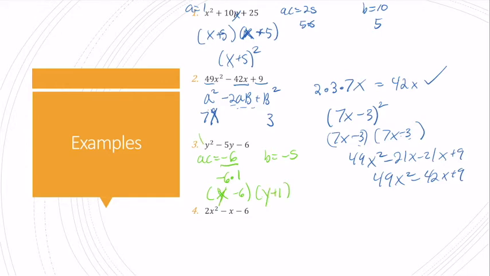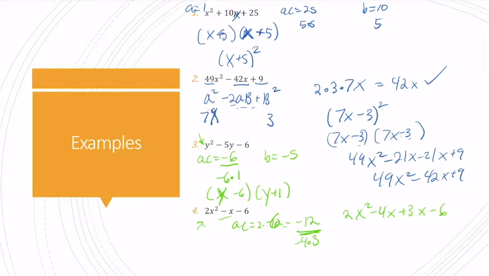Next I have 2x squared minus x minus 6. AC is 2 times negative 6. That adds up to negative 12. What are some factors of negative 12 that add up to negative 1? How about negative 4 times 3? So I've got 2x squared minus 4x plus 3x minus 6.